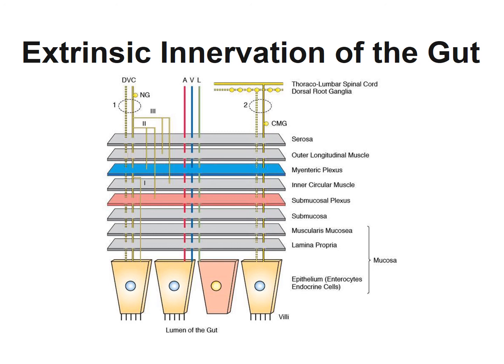This ganglia, I'll show it to you later, is located between the celiac artery and the cranial mesenteric artery, branches of the aorta that supply the gastrointestinal tract. We'll look at it in a second.